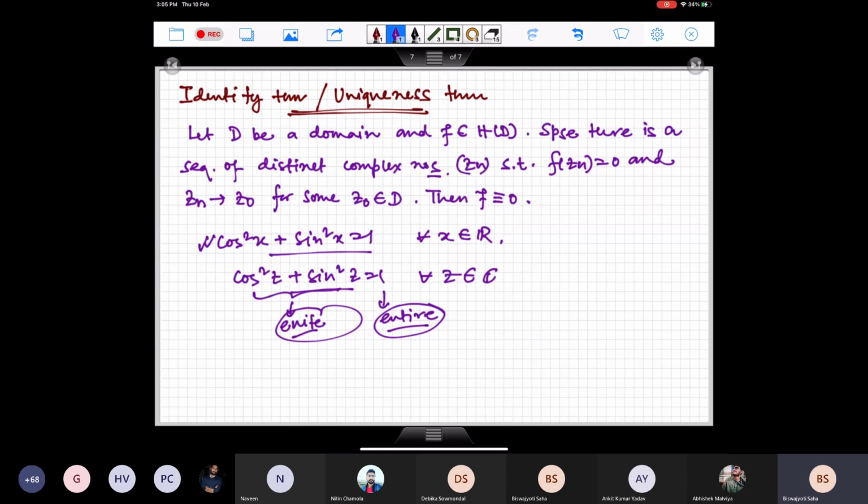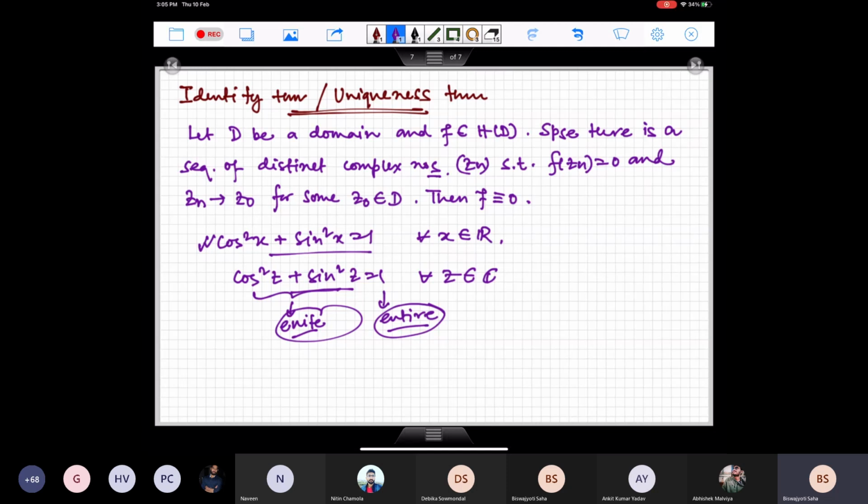So the identities that we had in real life get extended to the complex plane. Wherever in the complex plane you have a bigger domain where those functions can be defined in a holomorphic way, you will get those identities just for free once you know this identity theorem.